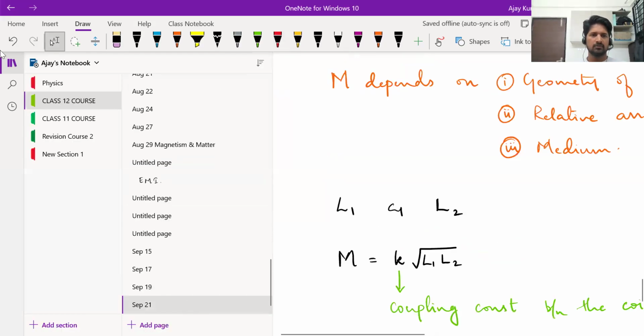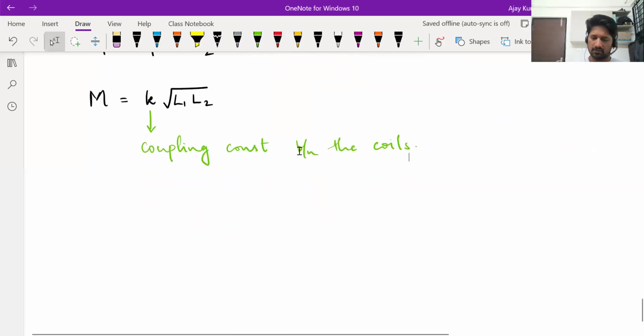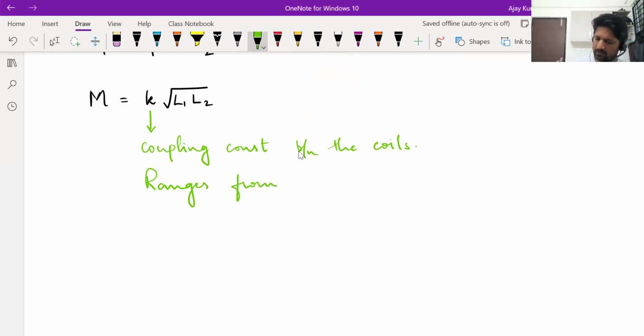So this value K, the coupling constant between coils, ranges from 0 to 1. The 0 case we have seen in that example. Flux produced by the first coil does not pass through the second coil at all. Then the coupling constant is 0. When is the coupling constant 1? That is a case of perfect coupling.